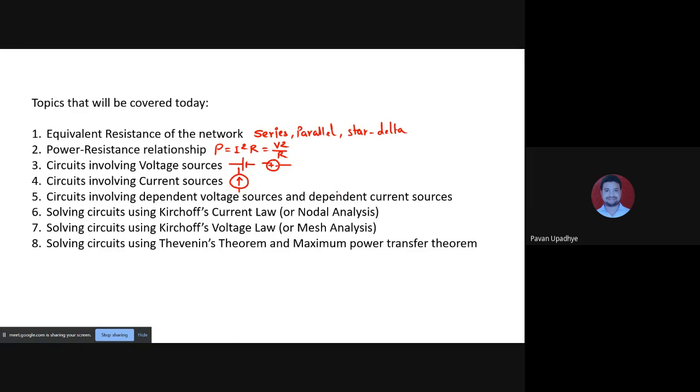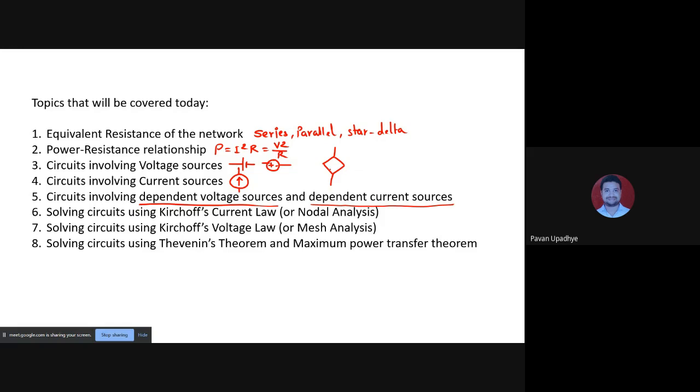And then we may have circuits wherein dependent sources are also there. What are the dependent sources? There are two types of dependent sources: dependent voltage sources and dependent current sources. They are also present in the circuit. Any dependent source is represented by a diamond shaped box.